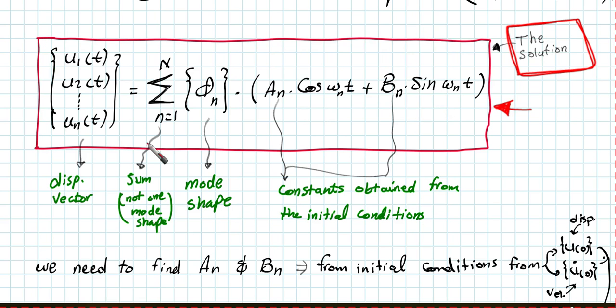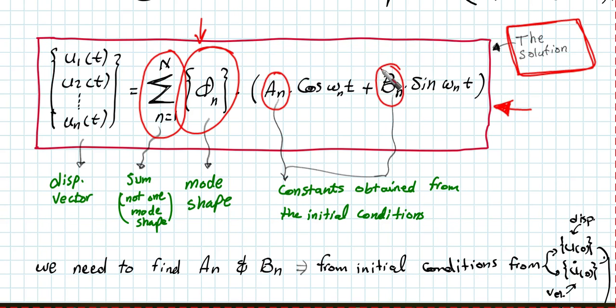But what I found most people are missing is the significance of the terms. So now the summation has meaning for us: contribution from different mode shapes. The mode shape amplitudes are contributed through the vector of mode shape amplitude. The initial conditions are represented through an and bn, the constants. So initial conditions affect the response through an and bn.